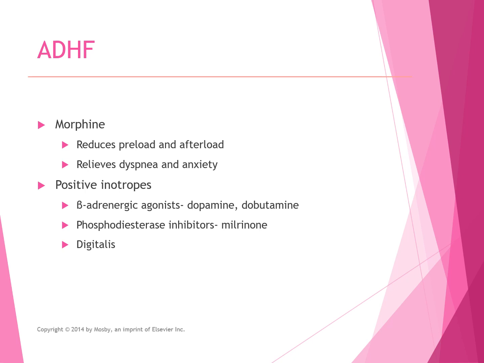Digoxin can be given IV, but it's IV push, and it requires a loading dose and then a PO dose to really get therapeutic in our blood system. So generally, the top two are used, and digoxin is started more slowly.